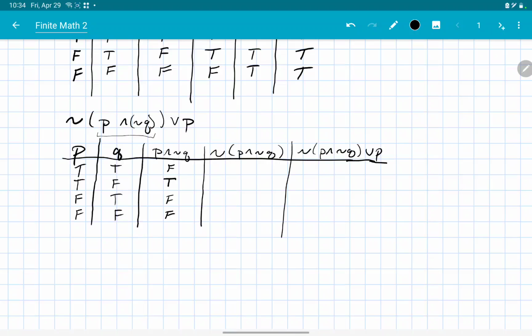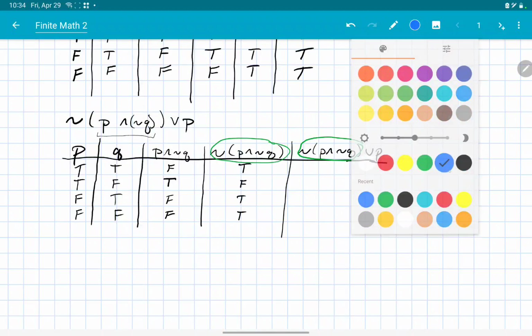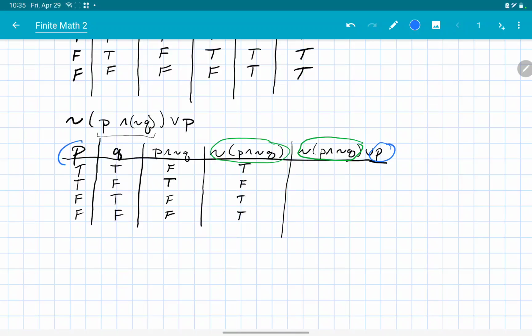Okay, now we're doing not the previous column. So all I do is I change all the trues to falses and all the falses to trues. Okay. Now I have an or between this, which is this column, and this, which is this column.